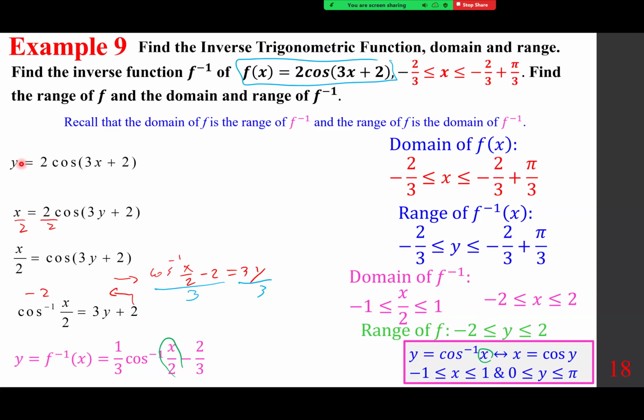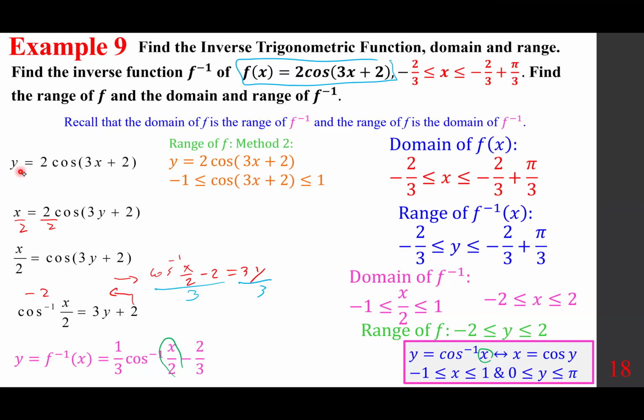The second method, if you go back here, y equals 2 cosine of 3x plus 2, and cosine is between -1 and 1, as far as the cosine is concerned, right? Now, 2 cosine of 3x plus 2, then I need a 2 here.